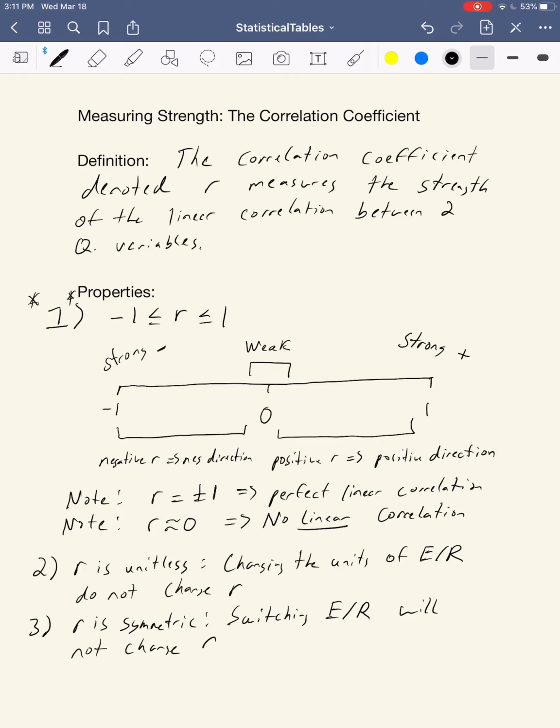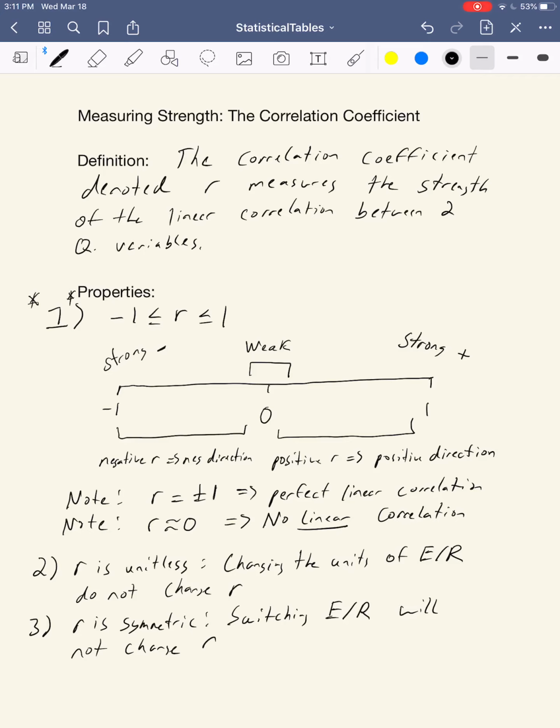In mathematics, when calculating the r value, if you change which variable counts as explanatory and which counts as response, the r value will not change. Now, statistically, we spend a lot of time making sure that we know which is explanatory and which is response, because that determines how we would interpret our information, how we would make predictions, etc.